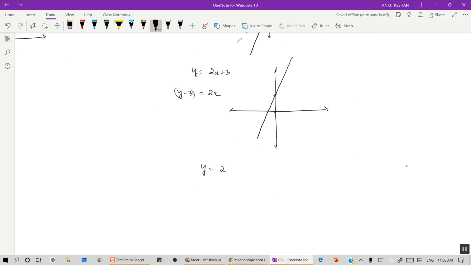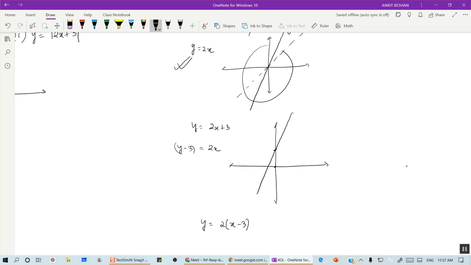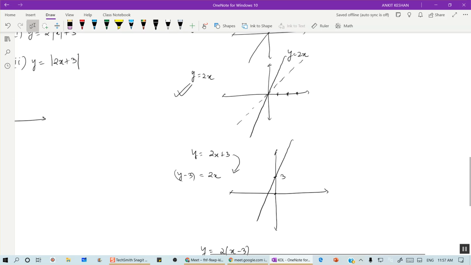So if we do y equal to 2x minus 3, we subtracted 3 directly from x. So this same graph will move 3 steps forward. If we subtract, it will move forward, just like when we subtracted from y, it moved upwards.